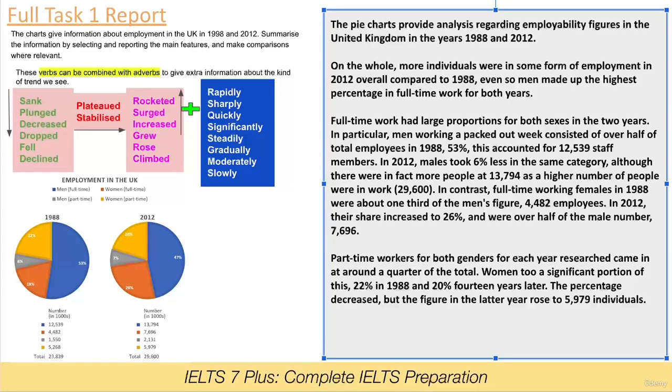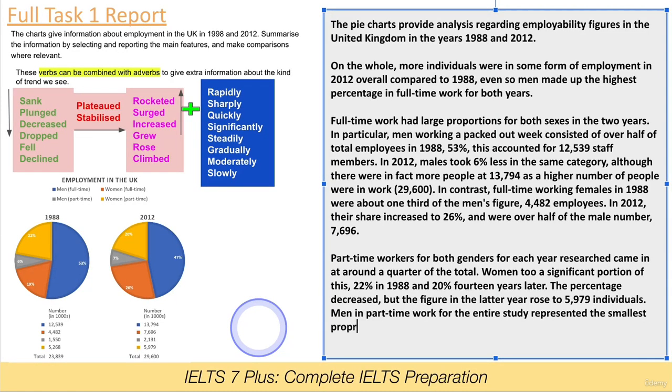Let's just do a line about men. Men in part-time work for the entire study represented the smallest proportion, notably 6% in 1988.